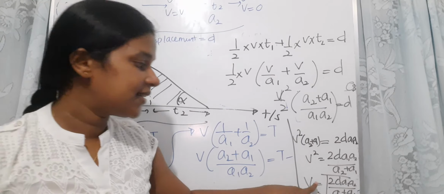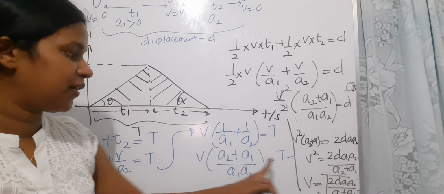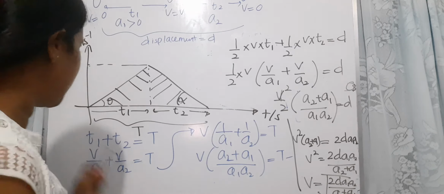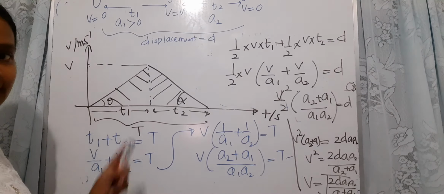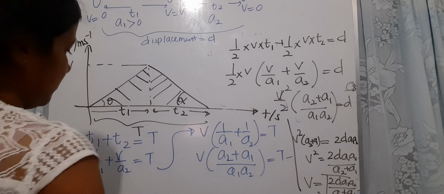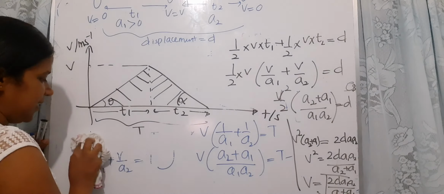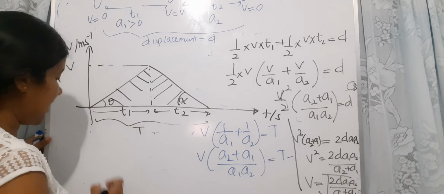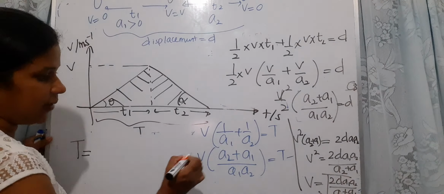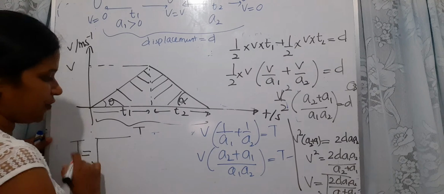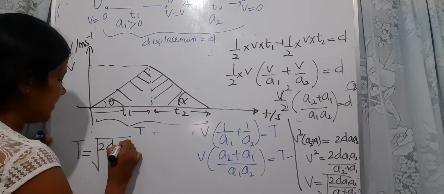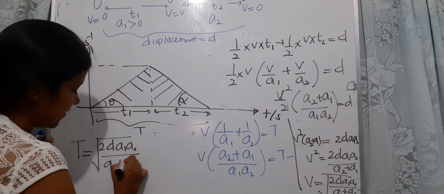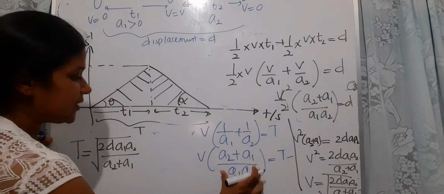Then I can assign this V value to here to find the expected answer for T. So I am going to clean this small space. Now, I can assign, then T equals V times, V equals square root of 2D A1 A2 over A2 plus A1, into this part.